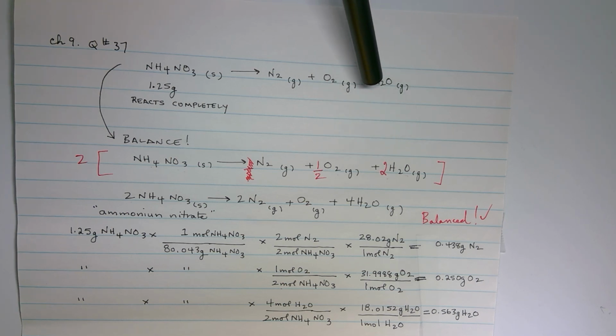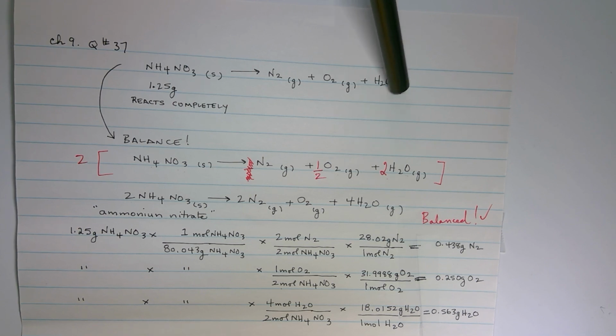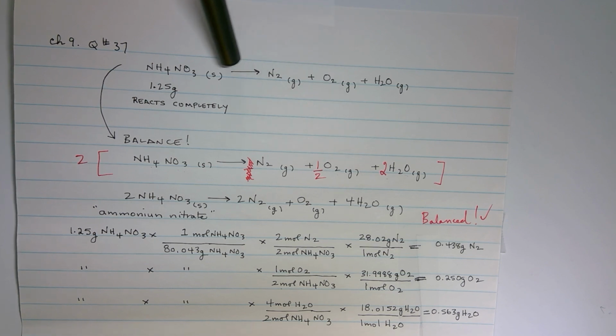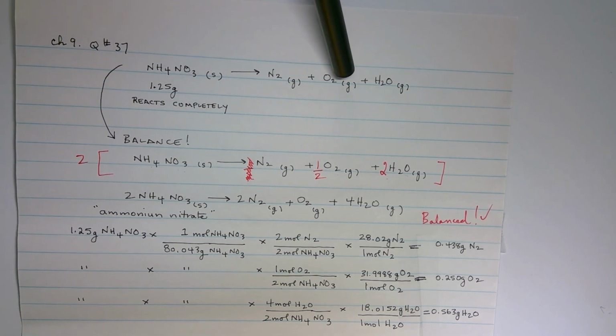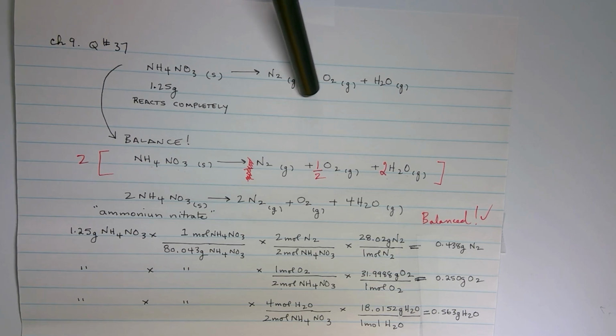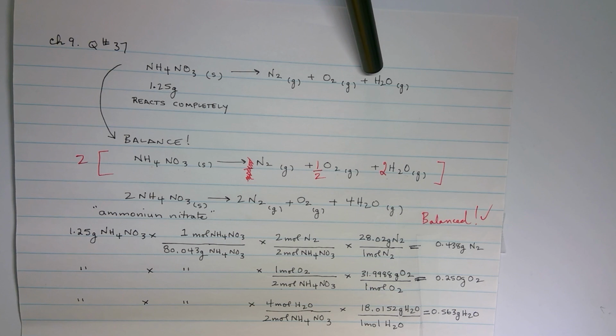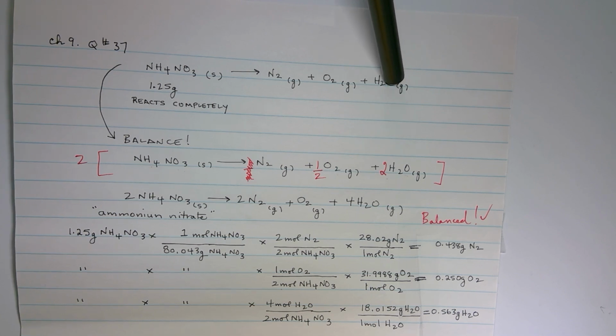With the 2 in front of the water molecule, that would give me 2 oxygens, but I already had 2 over here, so that would give me 4, and I only had 3, so I need 1 less over here. So I thought if I put 1/2 in front of the O2, that would give me 1 added to the 2 over here. Remember, I've put a 2 in front of the water molecule.